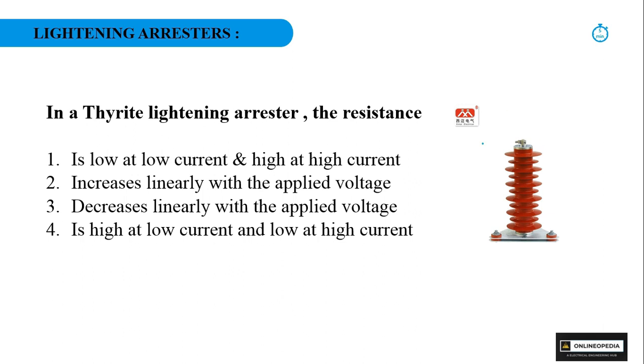When there is a surge, the resistance is low at high current. Thyrite arrestors are the most common and widely used for protection against dangerous voltage.